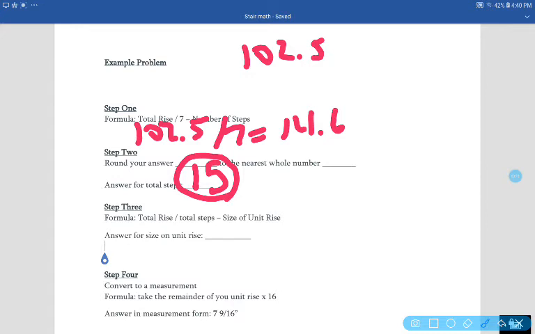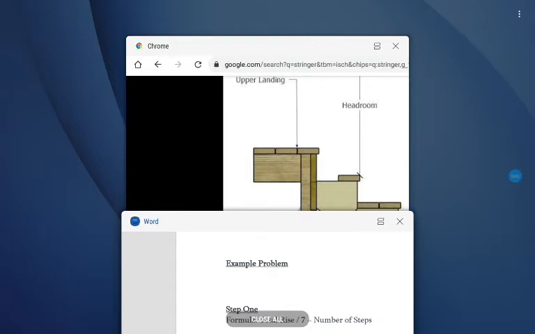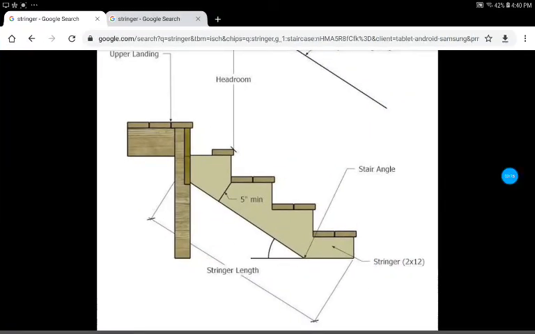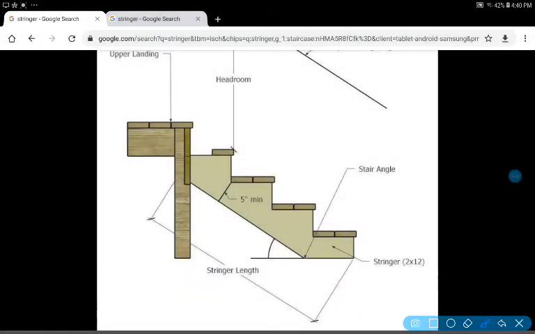Now in the actual stringer, there's going to be one less, because if you look at this picture again, I'll show you the reason. This one has 5 steps total: 1, 2, 3, 4, and 5. But the last step is the step onto where you're going.